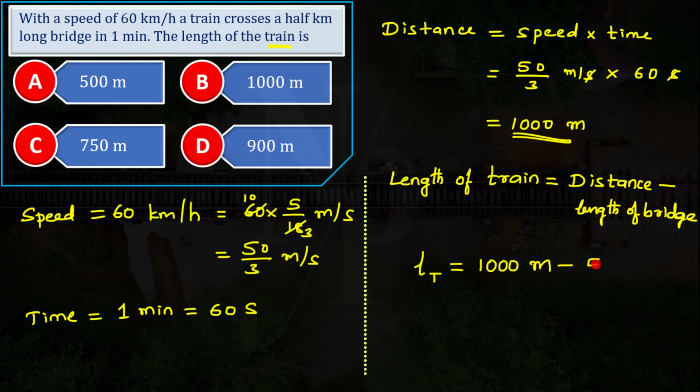So half kilometer is 500 meters. So 1000 meters minus 500 meters is 500 meters. Therefore length of the train is 500 meters, which is given in answer option A. And this is the correct answer for this question.